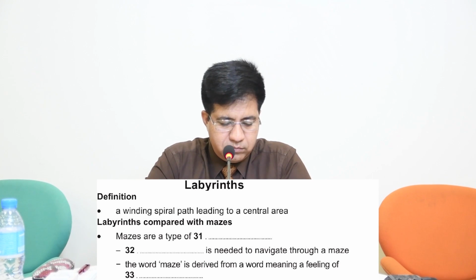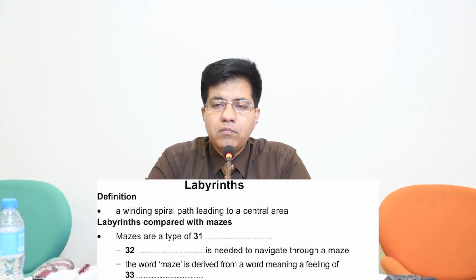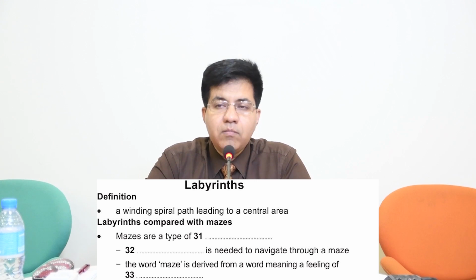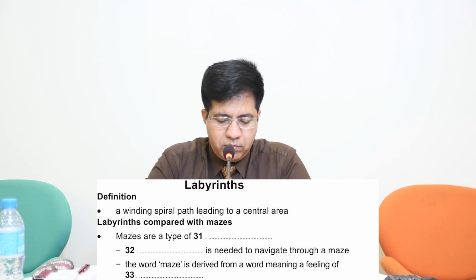There are various designs of labyrinth, but what they all have in common is a winding spiral path which leads to a central area. There is one starting point at the entrance, and the goal is to reach the central area. Finding your way through a labyrinth involves many twists and turns, but it's not possible to get lost, as there is only one single path.